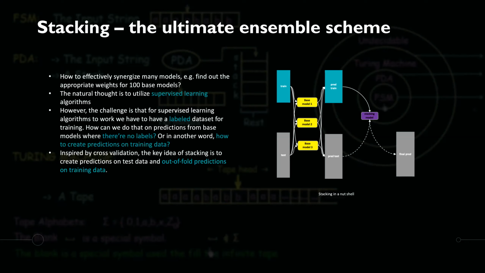Specifically, if we recall the definition of logistic regression or linear regression, its purpose is exactly what we're trying to resolve. It tries to come up with the best set of weights for each variable, and each variable corresponds to a model's prediction in our case.